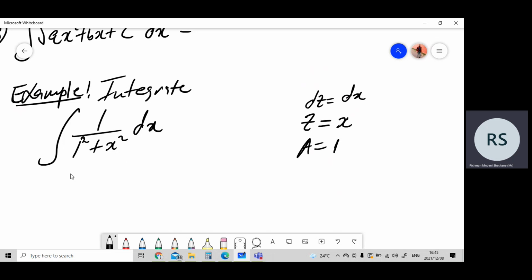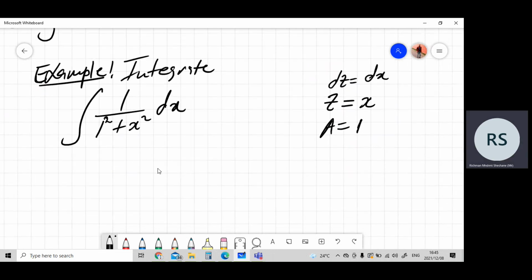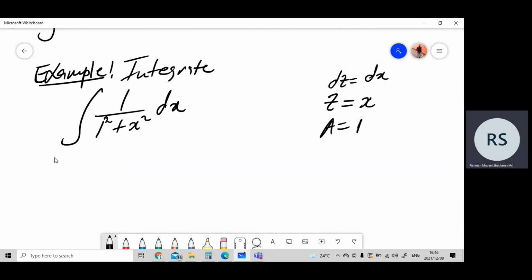As part of the solution, after you choose z and a, please substitute them into your problem just to see which formula you're going to use from the formula sheet. So we said 1 is a squared, plus this is z squared, and dx is dz.